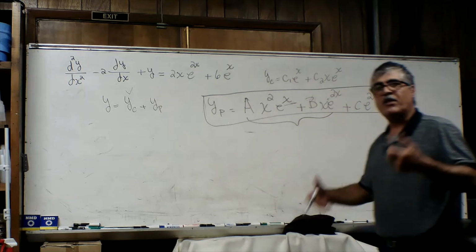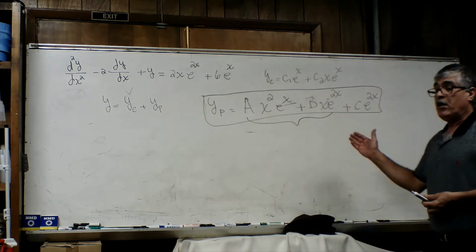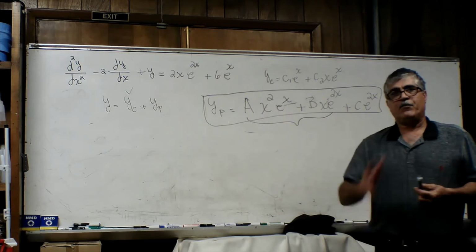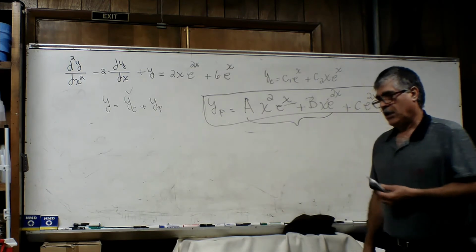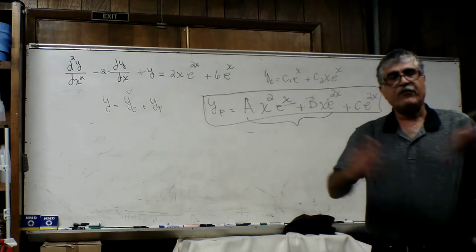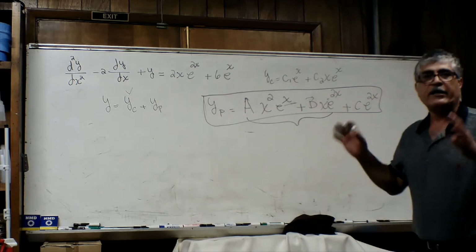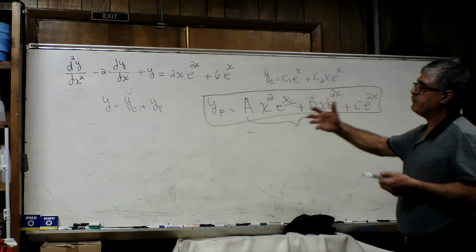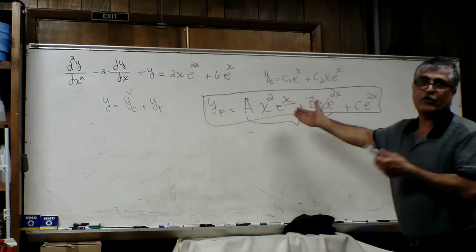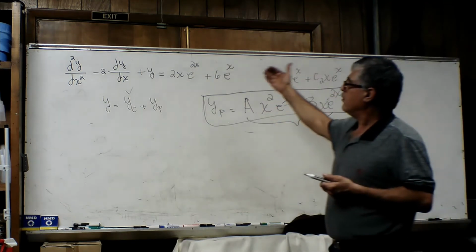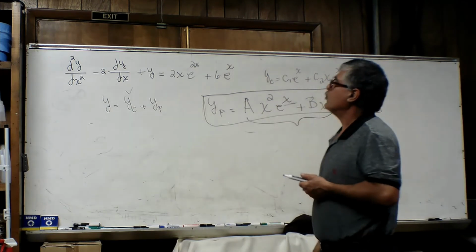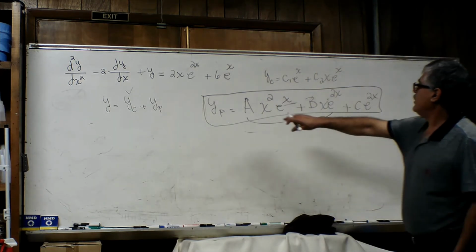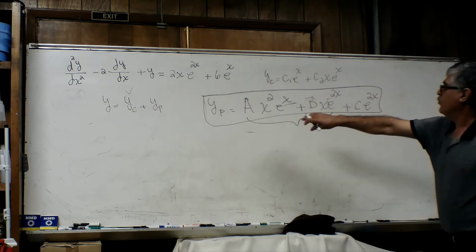The more you solve, the better you get. But now, if you look at all the examples that I have posted in my videos, you will definitely find the right assumption for the non-homogeneous portion of this type of equation. So this is what we are going to assume.